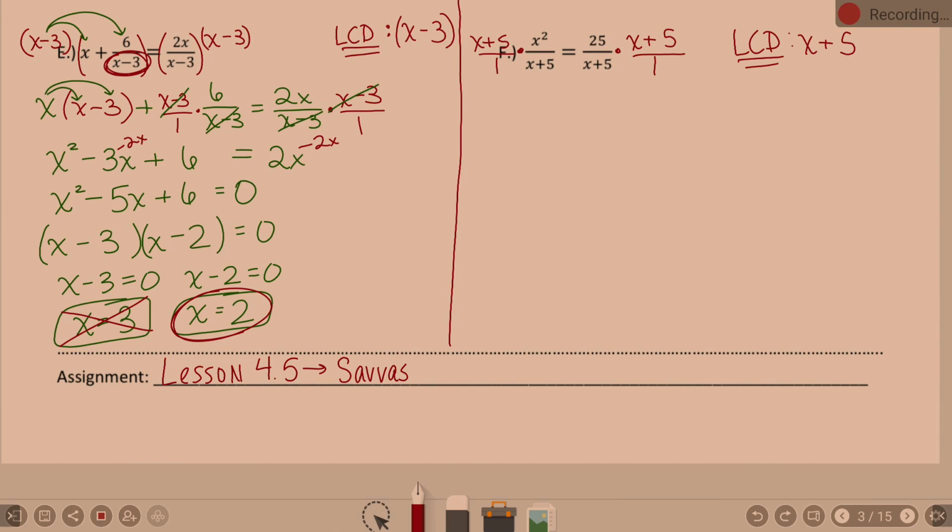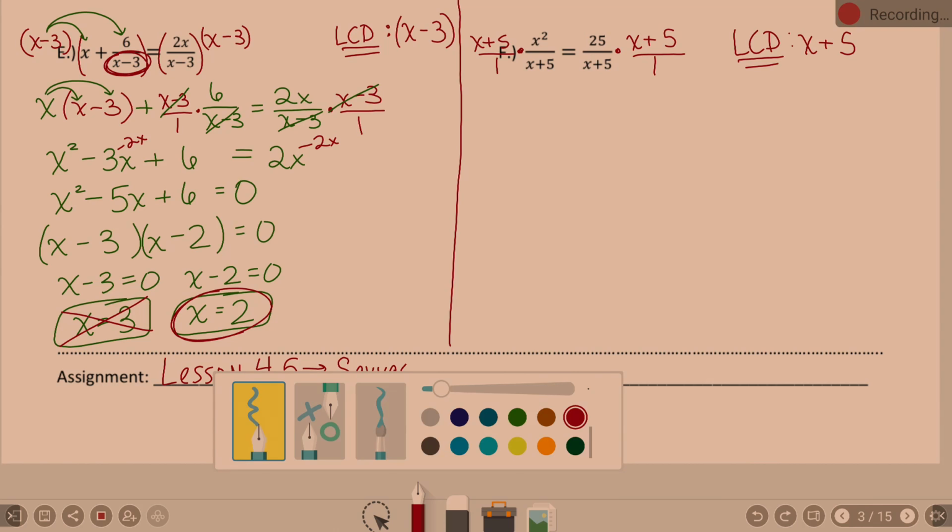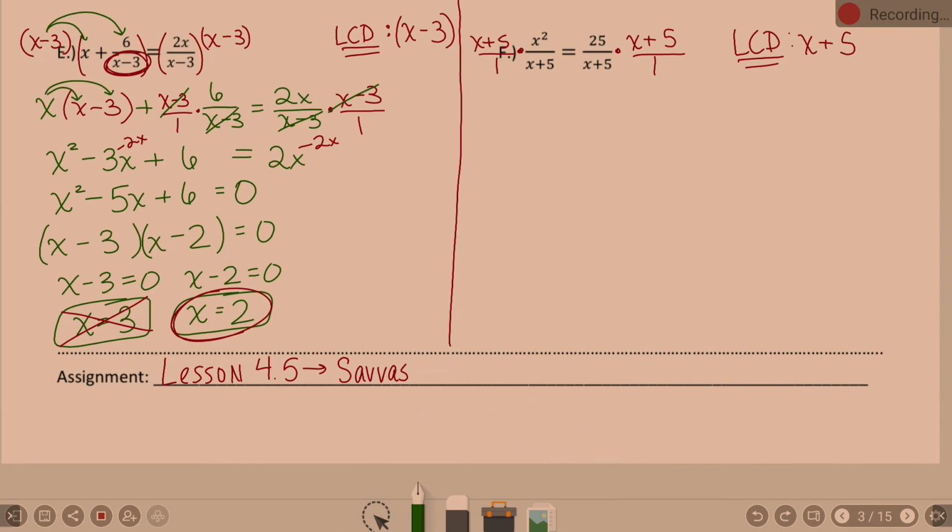Since there's only one fraction on the left and one on the right, I'm not going to write it all the way out again. What happens on the left? X plus 5 cancels, leaving me with x squared. On the right, x plus 5 cancels, leaving me with 25.